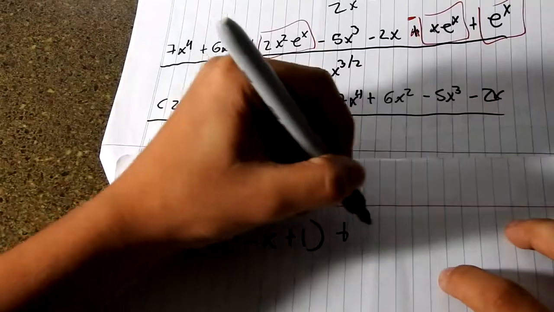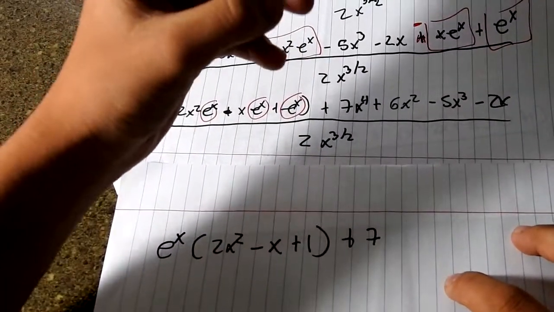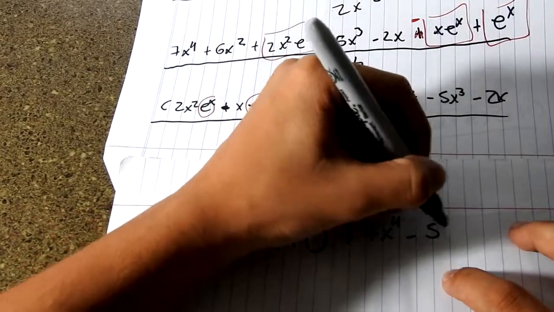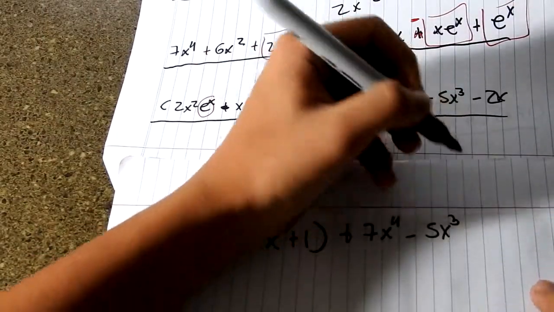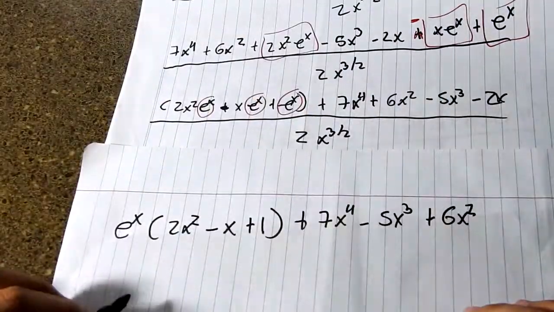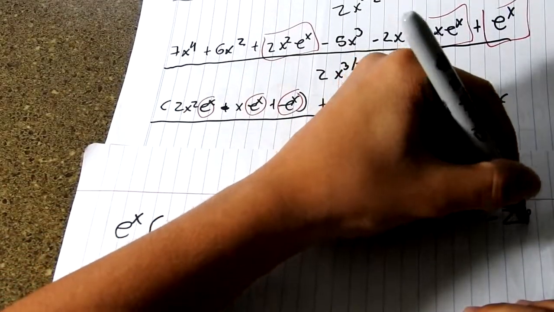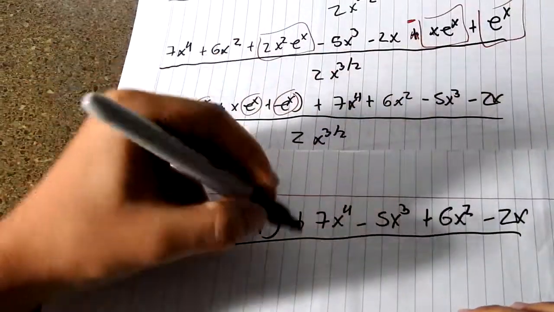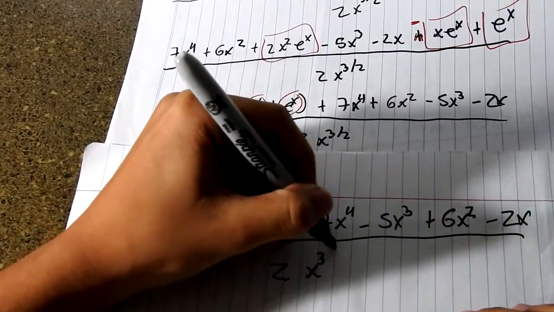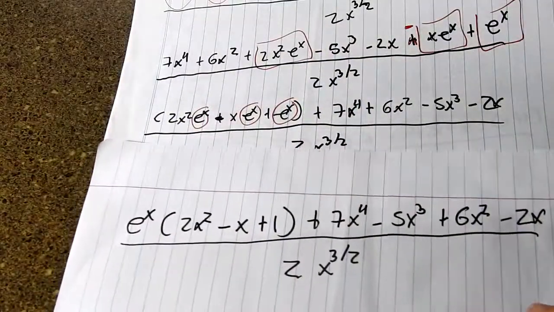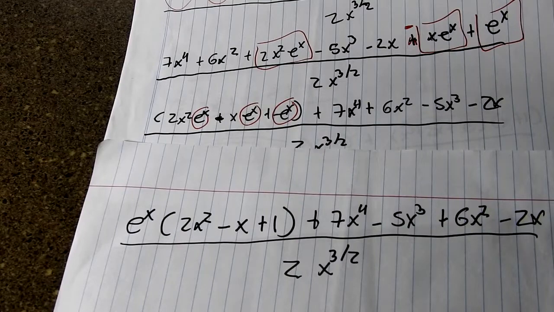And then we have plus 7x to the 4th minus 5x to the 3rd plus 6x squared minus 2x. All of this over 2x to the 3 halves. And then I think that is it. Yes, that is the final answer.